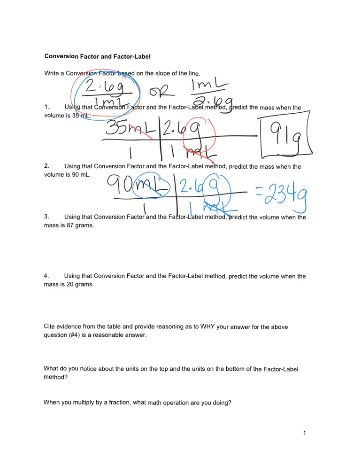Now for the third one, I am going to start with the information given, which is 87 grams. I do my train tracks and I put it over 1. Now I have the unit of grams on top. So to cancel grams on top, I have to put grams on the bottom.